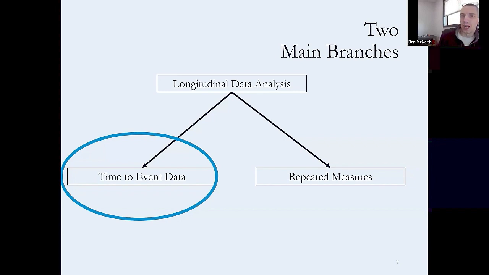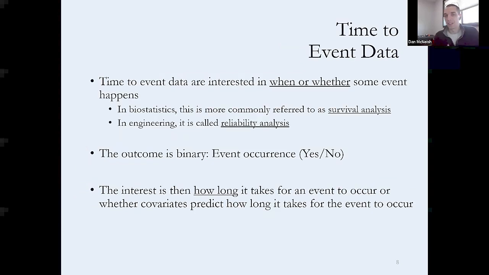And so time to event data usually take the form of when we're interested in when or whether some event happens. So if you're coming from a biostatistics background, this is usually referred to as survival analysis. If you have an engineering background, it's usually called reliability analysis.